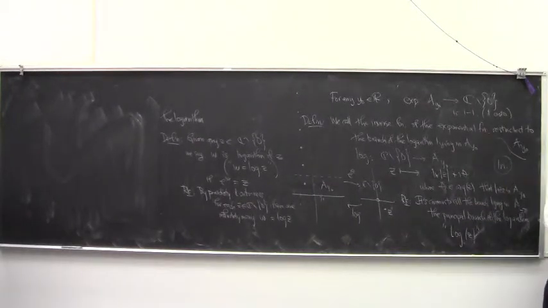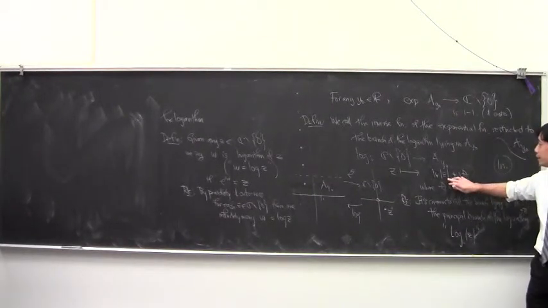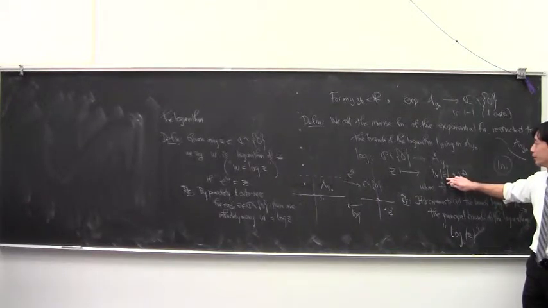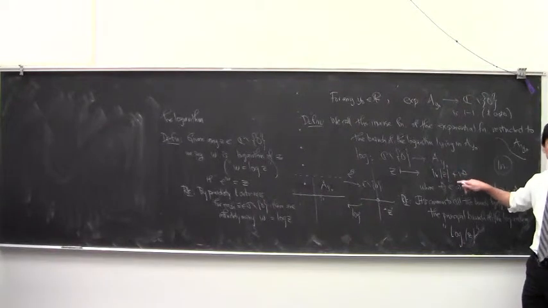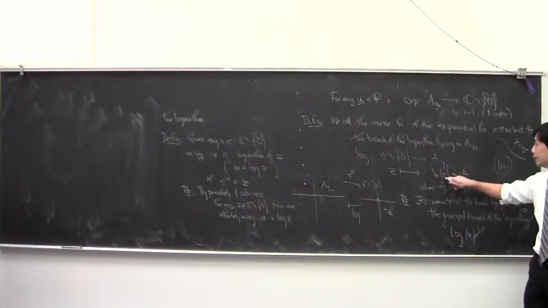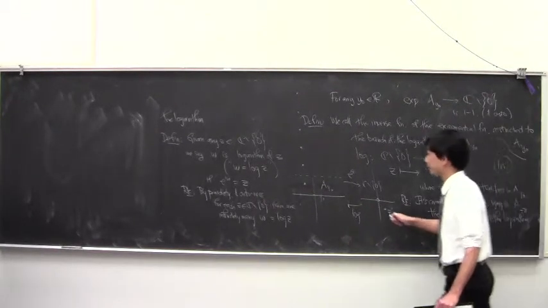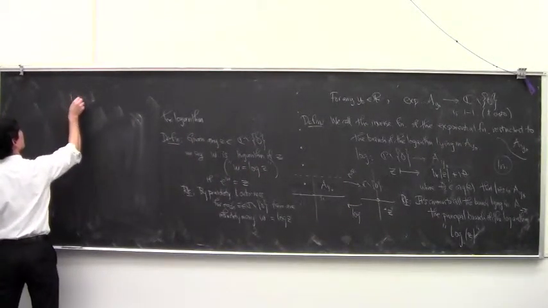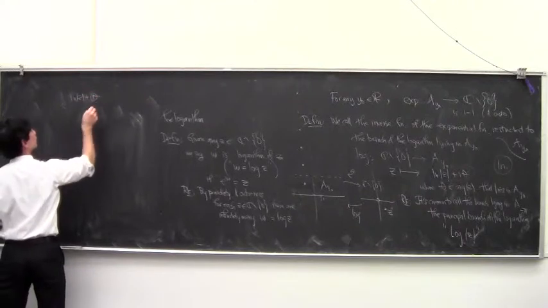I sense some hesitation. Is it clear that this is a log of z? What do you need to be a log of z? You need a point so that e to this is z. Is that true? Let's take a look. E to the, what's this?